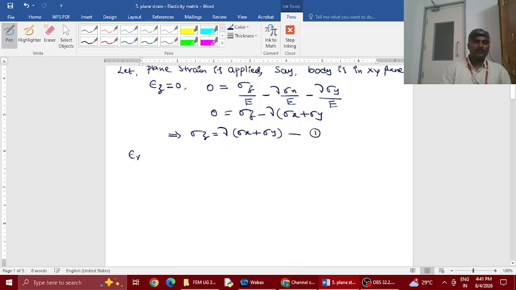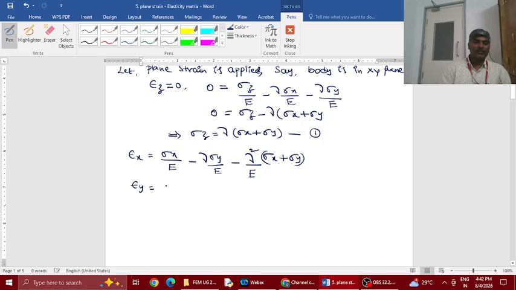Now write epsilon x is equal to the strain in x direction, sigma x by E minus nu sigma y by E minus, in place of sigma z, I'll write this. There is already nu, so it will be nu square into sigma x plus sigma y. So this is epsilon x.